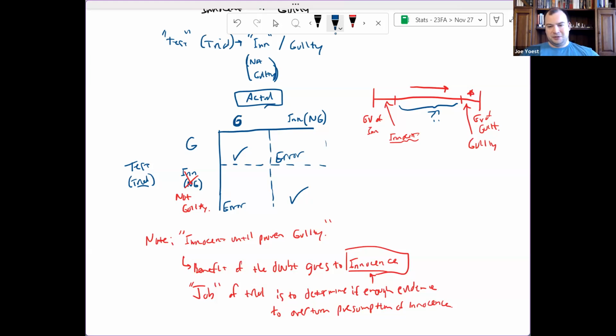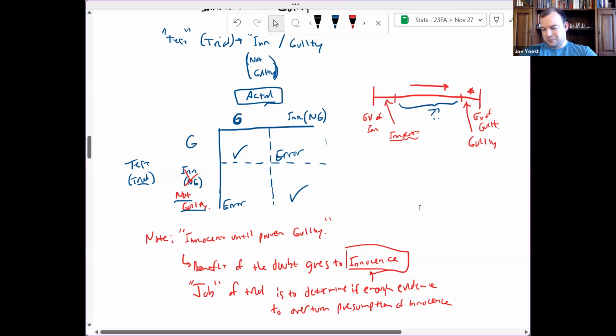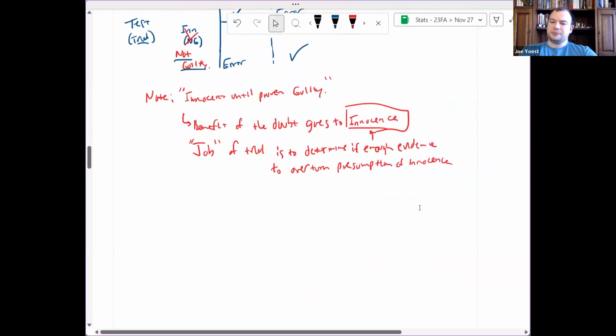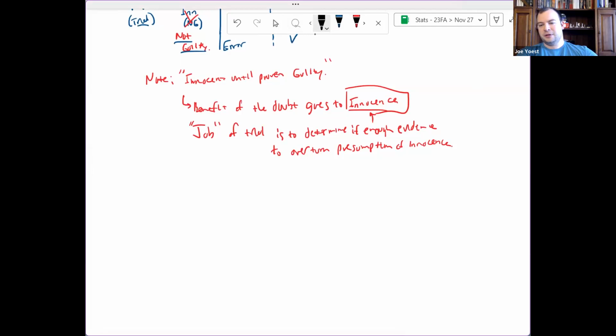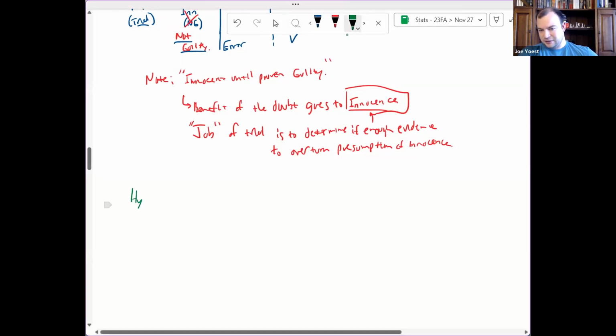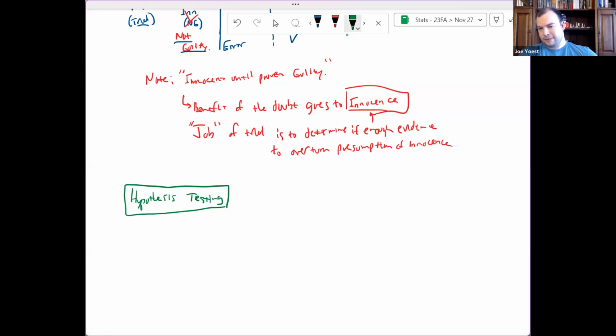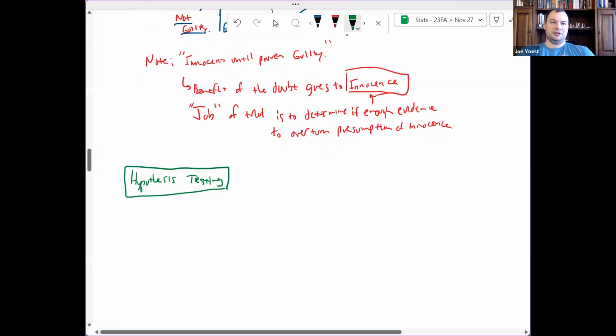So that's why not guilty might be a better phrase to use here, both in the legal sense, but also, as we'll see, in the hypothesis testing sense. The hypothesis testing setup has a very similar feel to it. So in hypothesis testing, this is going to be a general idea that isn't specific to the jury trial.